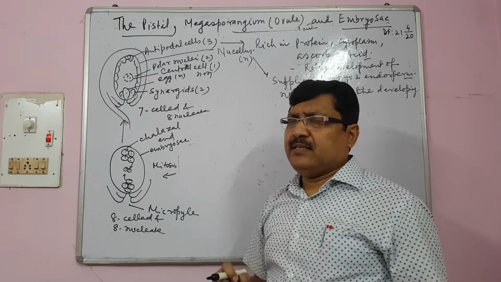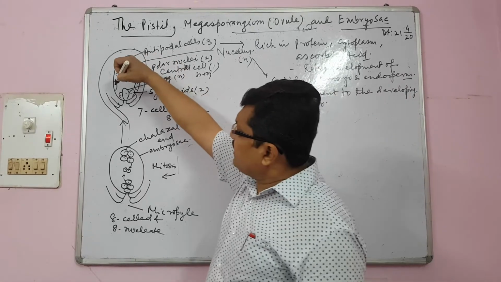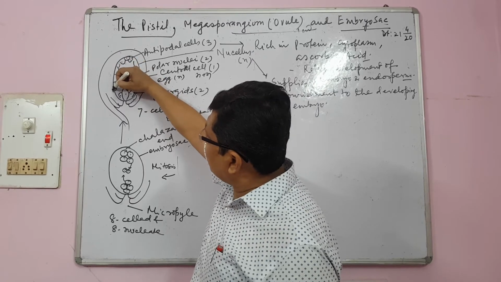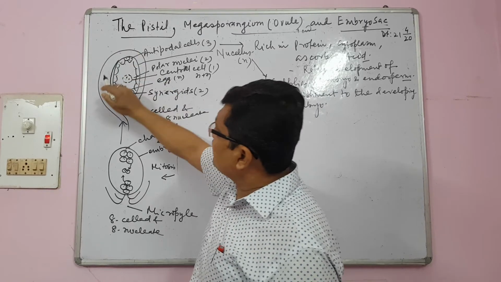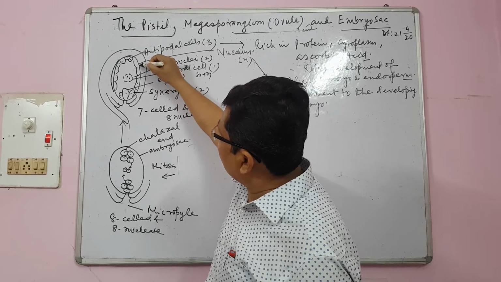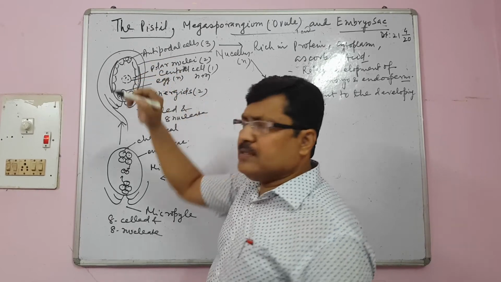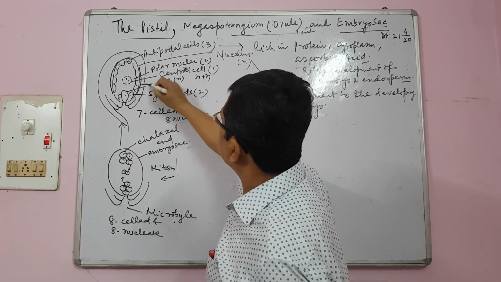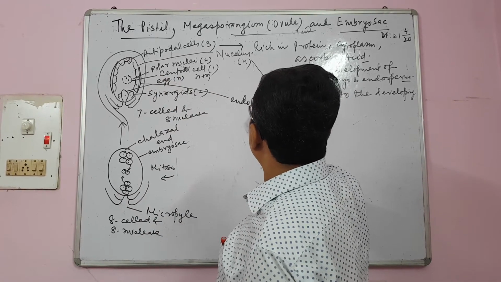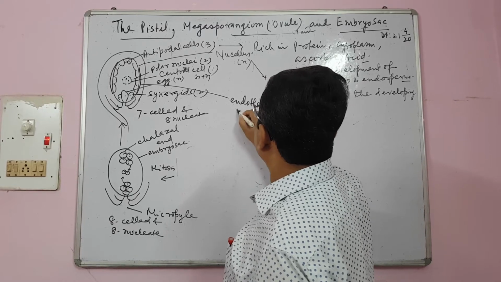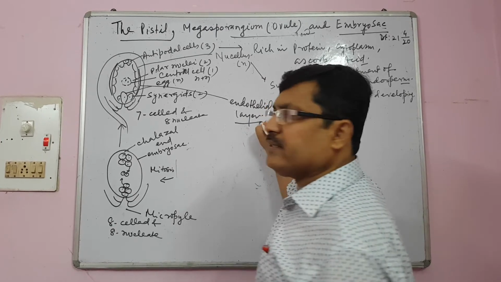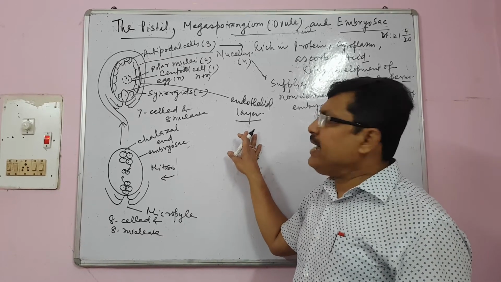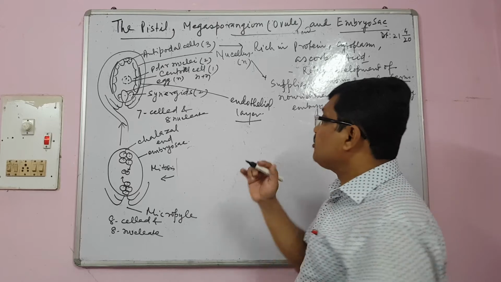Outside of the nucellus there is another layer, which is called the endothelium. The endothelial layer also provides nutrition and has some fibrous thickening.